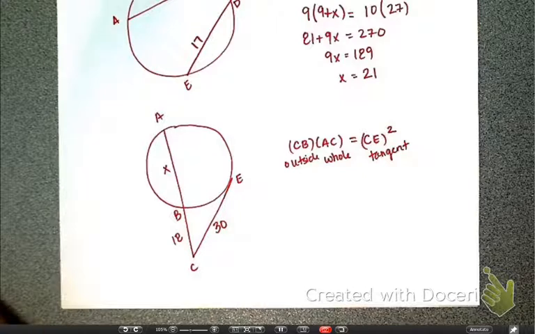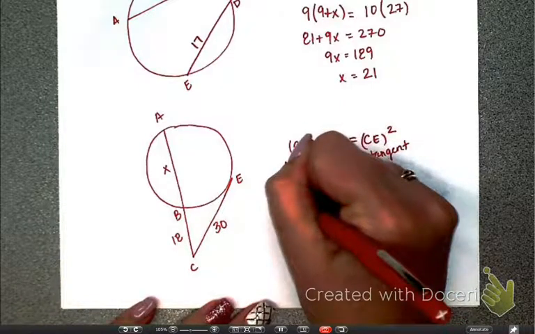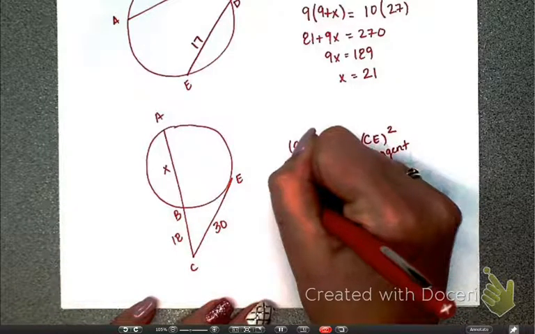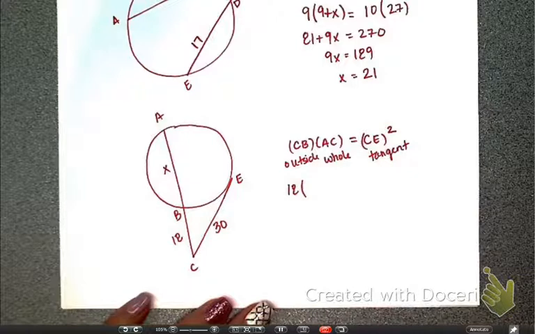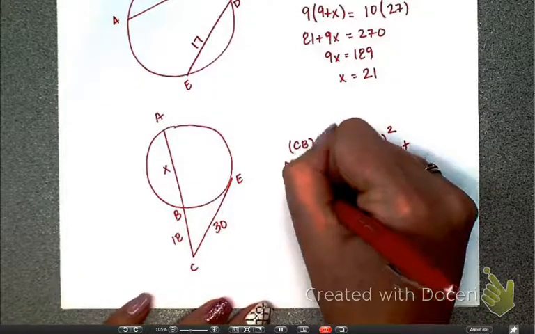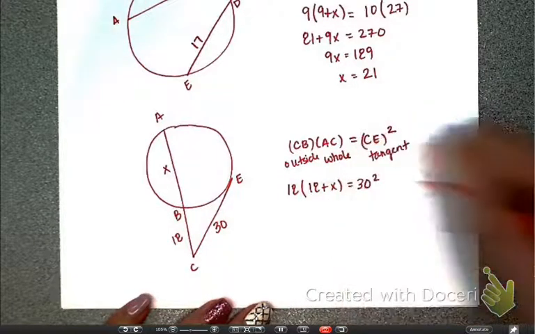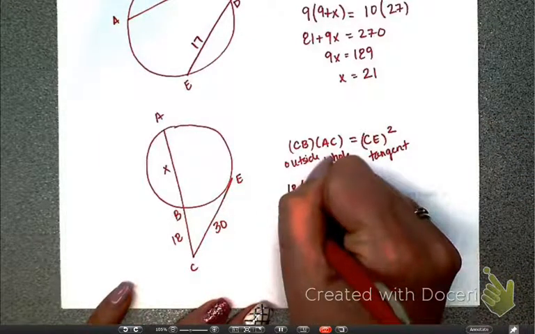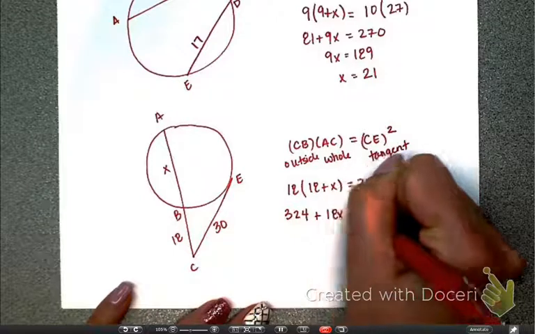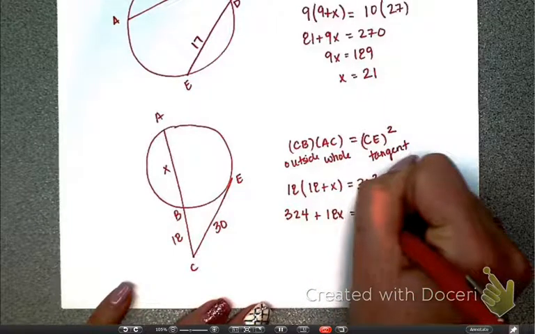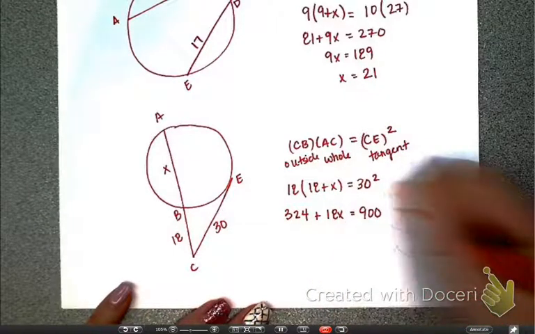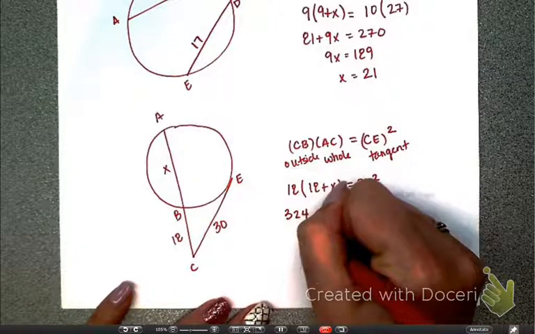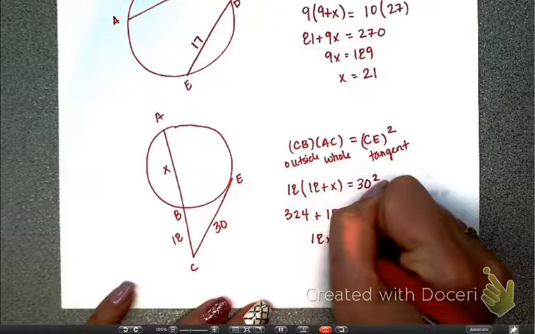What's the outside piece of the secant? 18. And what's the length of the whole secant? 18 plus x. And the tangent is 30, so 30 squared. So 324 plus 18x equals 900. 18x equals 576.